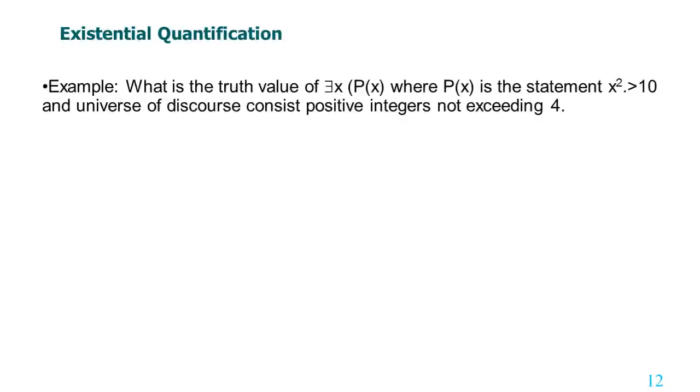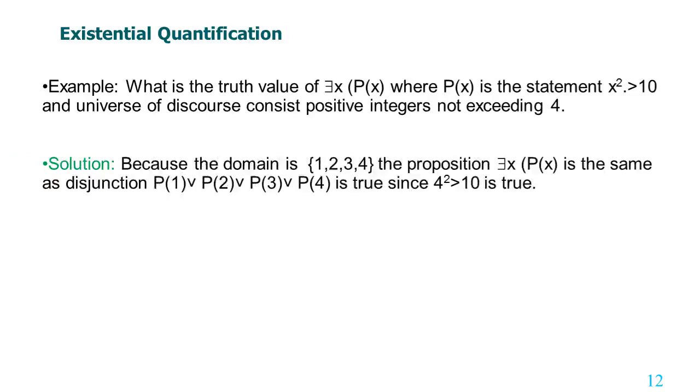Another example, what is the truth value of there exists x such that P(x), where P(x) is the statement such that x square is greater than 10, and the universe of discourse consists of positive integers not exceeding 4? Since they are positive integers not exceeding 4, the domain is 1, 2, 3, 4. There exists x P(x) is the same as a disjunction. Disjunction means or.